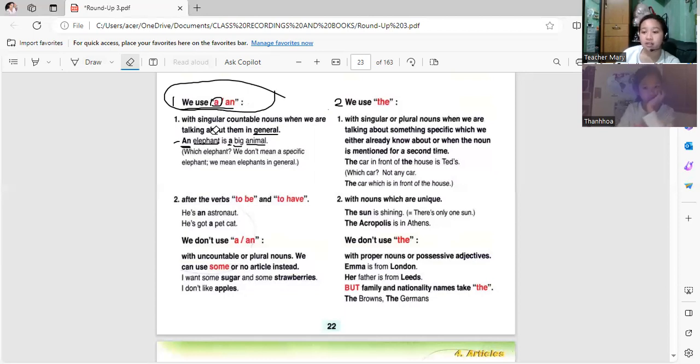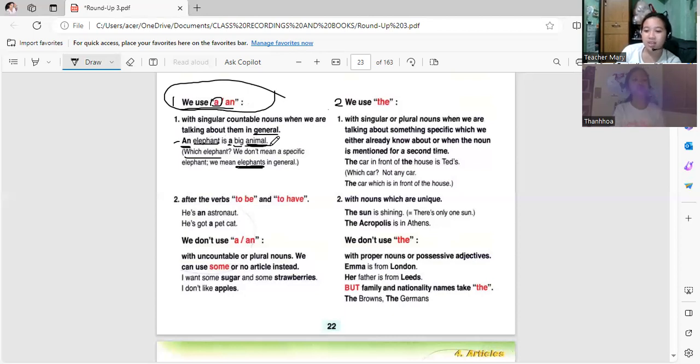You can count on it, right? Because it's only one. So it says here that which elephant? We don't mean a specific elephant. We mean elephants in general. So there are many kinds of elephants, right? It's not just only one. So it says here that an elephant is a big animal. So the elephant here is the general, but it could be also the animal.